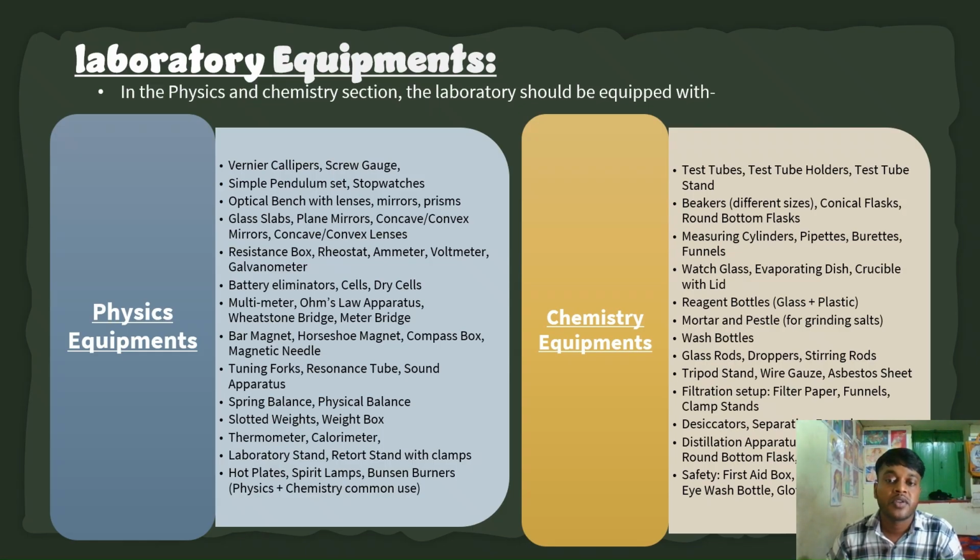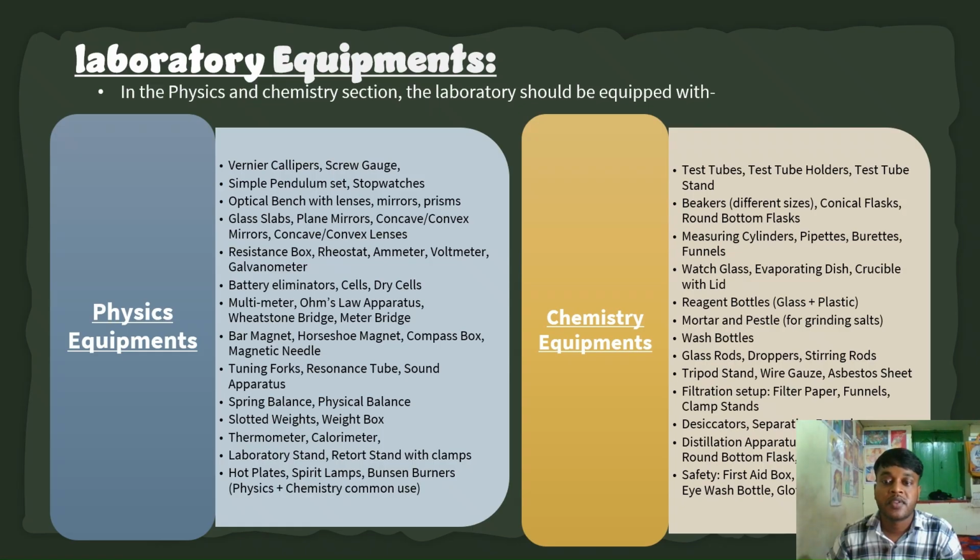In the chemistry section, to perform all the experiments, there should be enough equipment: test tube holders, test tube stands, beakers of different types, conical flask, round bottom flask, measuring cylinder, pipette, burette, funnel, watch glasses, evaporating dish, reagent bottles, glass and plastic, wash bottle, glass rod, dropper, stirrer rod, tripod stand, wire gauze.